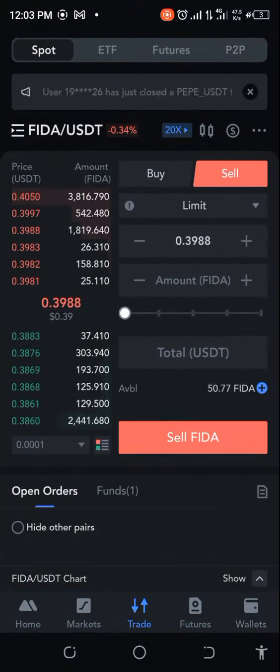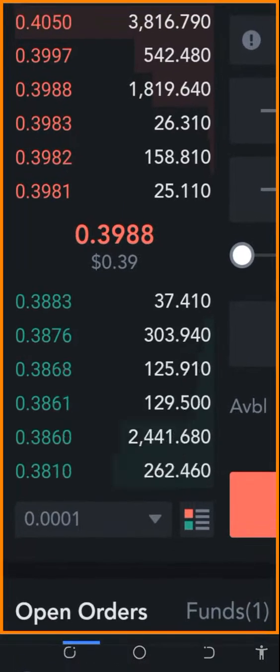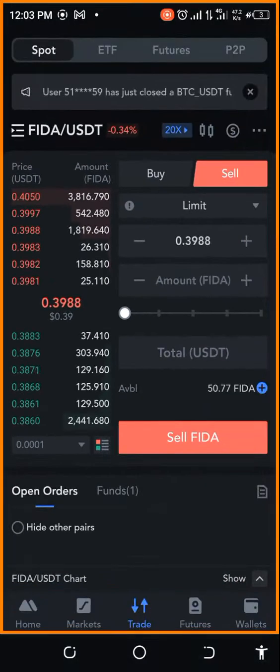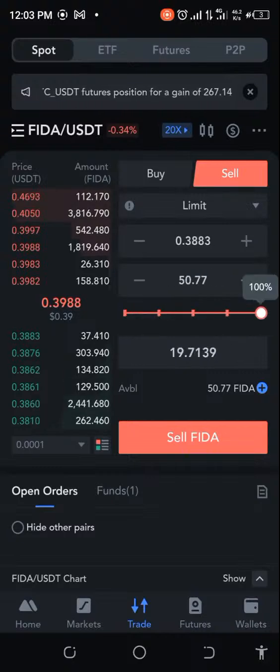Okay, so you can see that there's a lot of movement here, but at the price that I want to sell, right? There's not enough. Look at it now. This is 38.83. But I want to sell it at what price? I want to sell it at 39. Because if I choose this price, right, and I do this, I'm going to lose money.